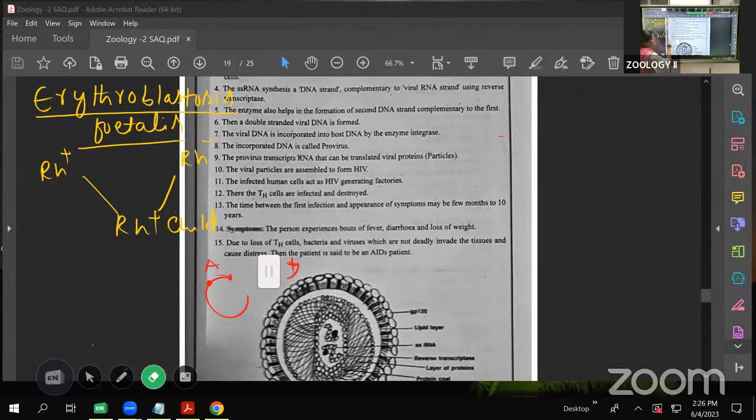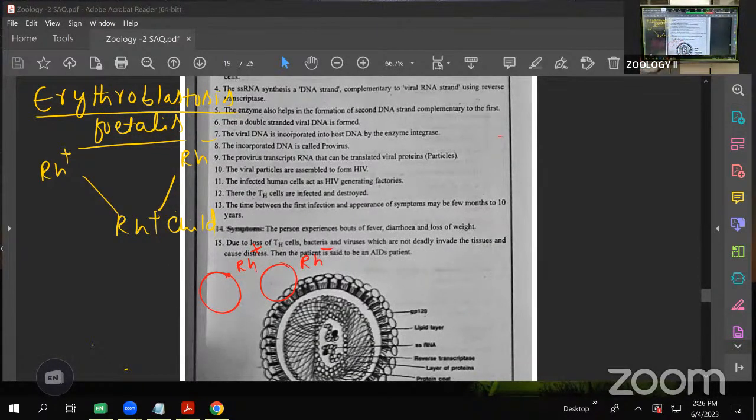The Rh antigen is not present in all the persons. Which one is having the Rh antigen, that we call Rh positive. Which one is not having the Rh antigen is considered Rh negative.